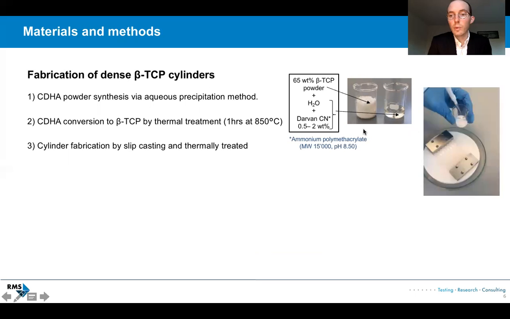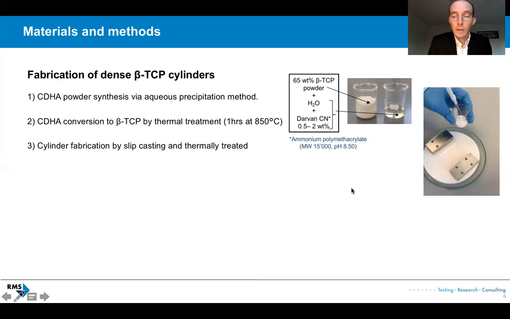And then with this slurry, we were able to pipette and eject this mixture in molds in order to make beta-TCP cylinders. This procedure is called slip casting because underneath the molds, we have a gypsum base which permits removing the water from the cylinder and making green bodies.